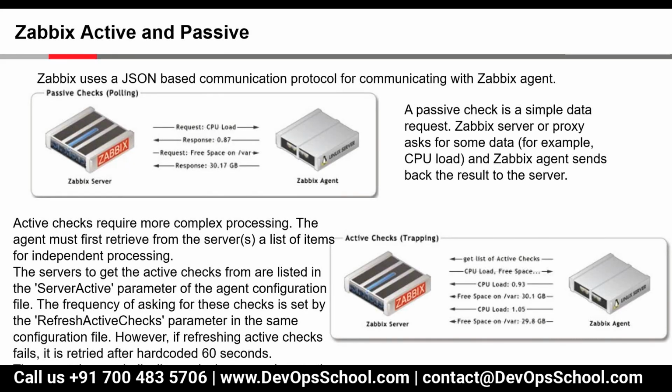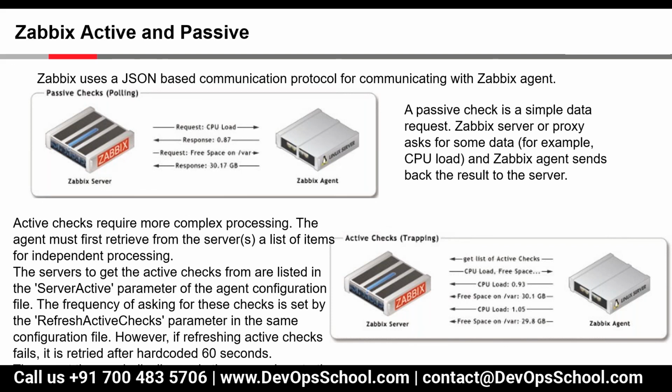Then we have active and passive checks. So Zabbix active and passive, what does it mean? First of all, if you see the first diagram, that is a passive check. On the left hand side, you can see there is a Zabbix server. On the right hand side, this is a Zabbix agent.